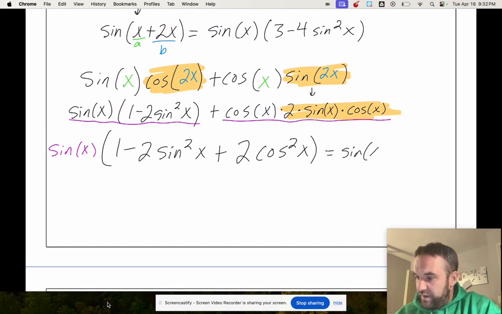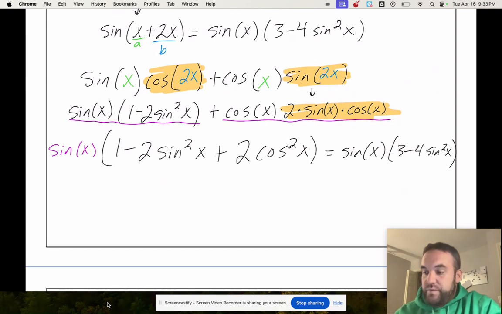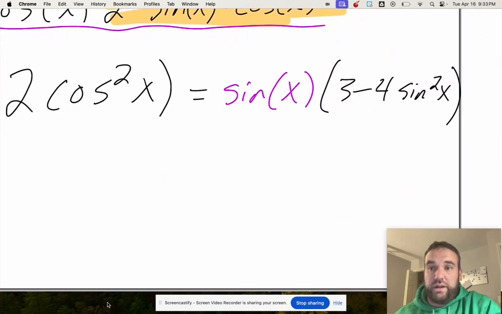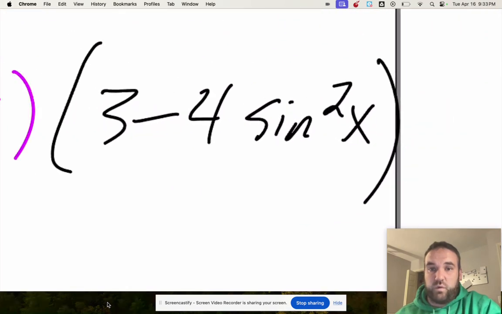So I'm trying to verify that this is equal to sine x times 3 minus 4 sine squared of x. Okay, so clearly the sine x is the same on both sides. So I'm going to change this into purple because now I can really set my focus on how I get this thing in parentheses to look like this 3 minus 4 sine squared.